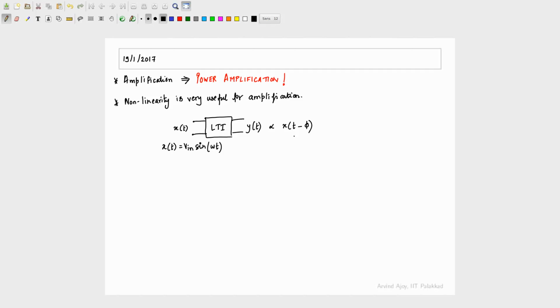If I have a y of t, and the system were LTI, then y of t is essentially proportional to x of t with some phase, so it will become, for example, some v_in sine(omega t minus phi).